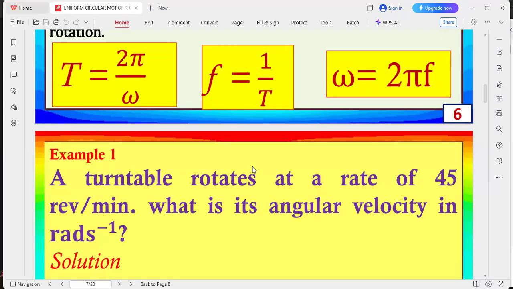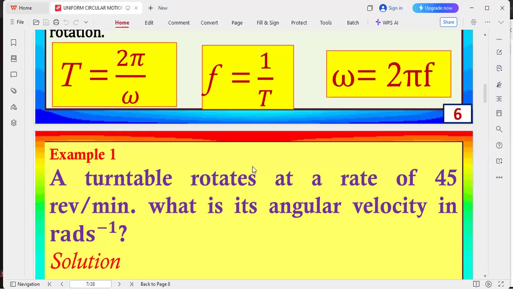From the definition, frequency is the number of revolutions in 1 second. But we are given the number of revolutions in 60 seconds. That's why I said 45 revolutions are being done in 60 seconds.